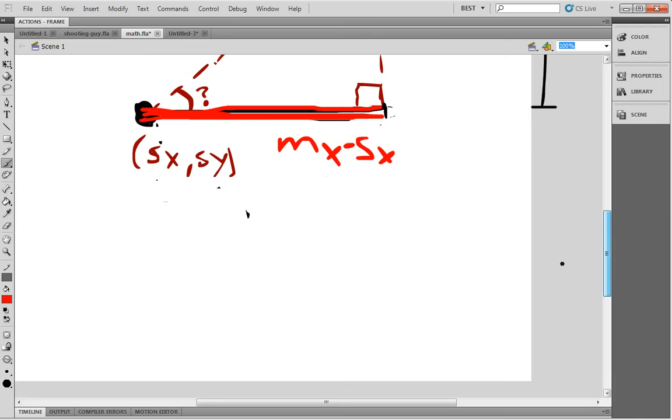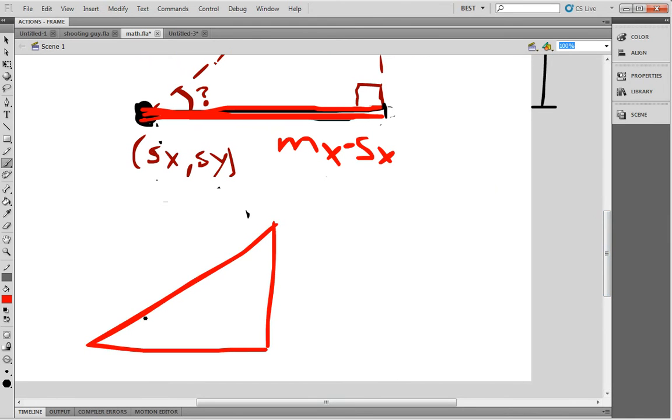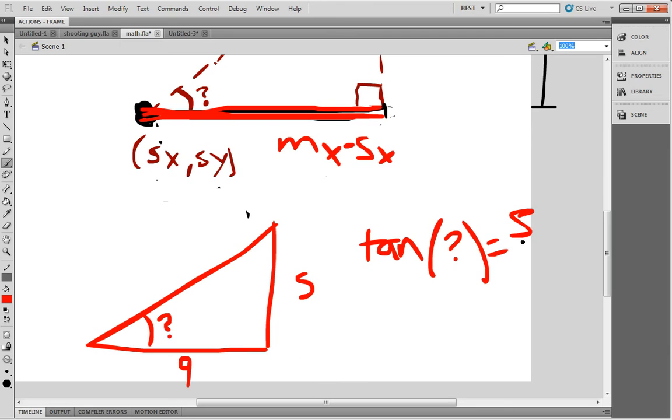When we have a triangle like before, like this one, and we want to know this angle, and this was 5 and this was 9, I told you that we had to do tan inverse of 5 on 9 equals the angle.